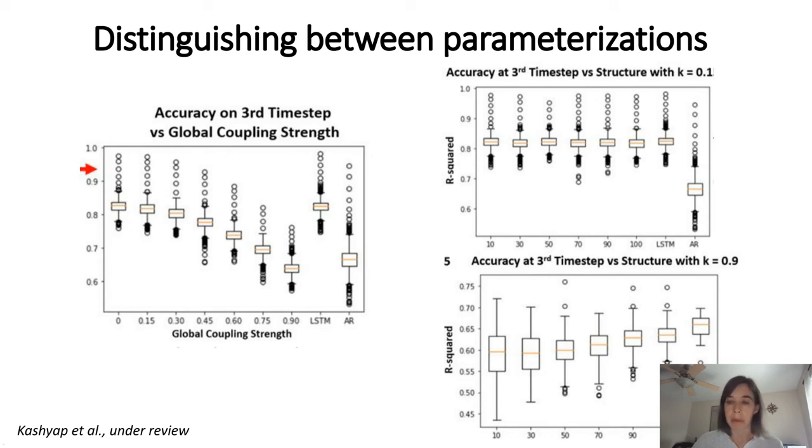It doesn't matter what we do to the structural network. But if we go to the high coupling parameter, as you see at the bottom right, we start to see this difference as we go towards that correct structural network that we think might help us be more sensitive to which is the right parameterization to use. So we're very excited about how this is coming, and we think this is going to help maybe avoid some of those parameter sweeps.